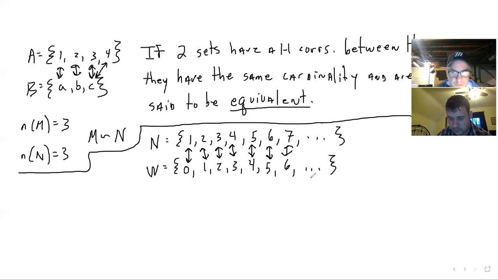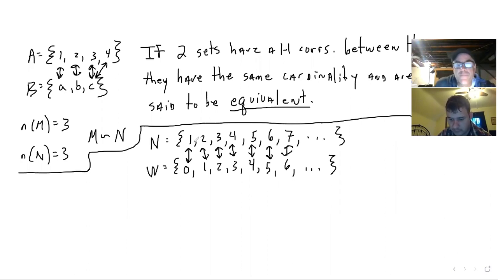But as long as we can verbalize it and be 100% sure, if there's a 1-to-1 correspondence between them, then any natural number you give me, I can give you the one whole number to which it corresponds. And any whole number you give me, I can always give you the natural number to which it corresponds. And if I can establish that, then there's a 1-to-1 correspondence between them, and ergo, they are the same size.